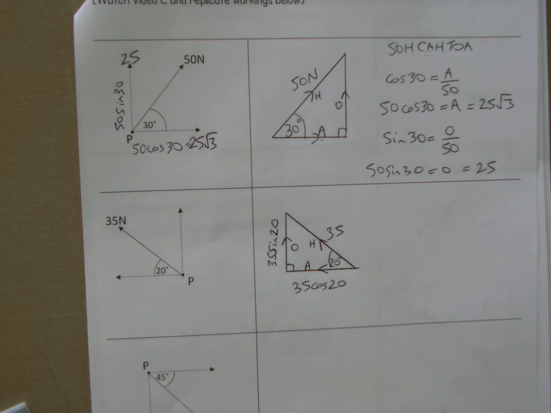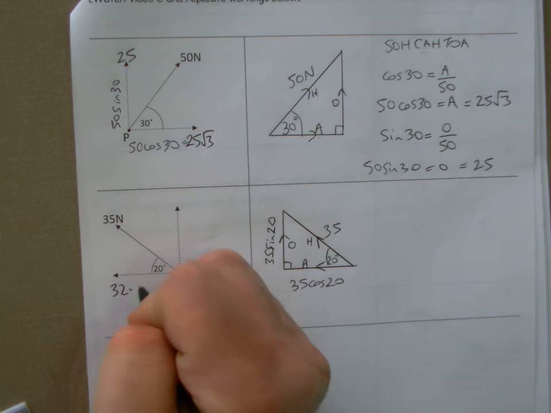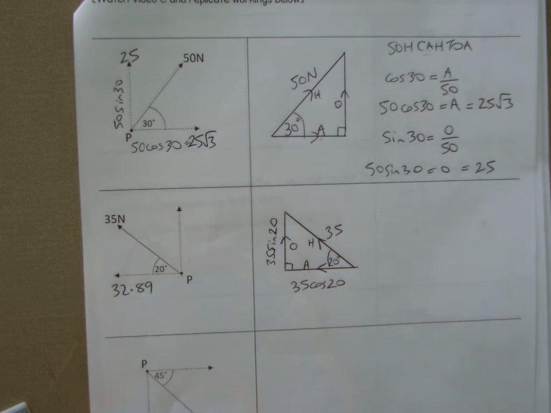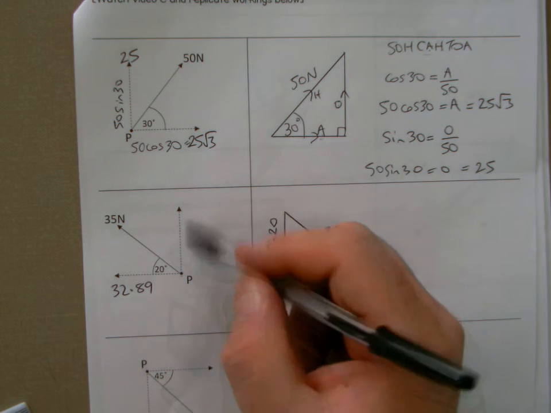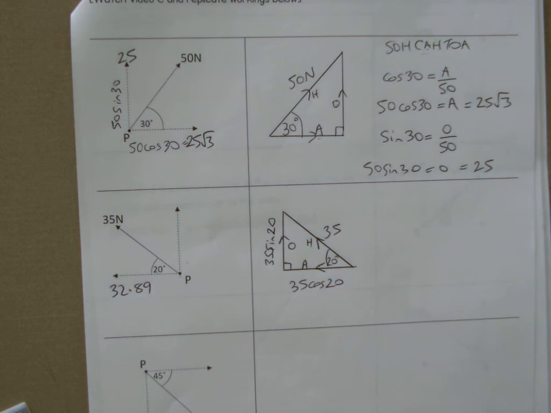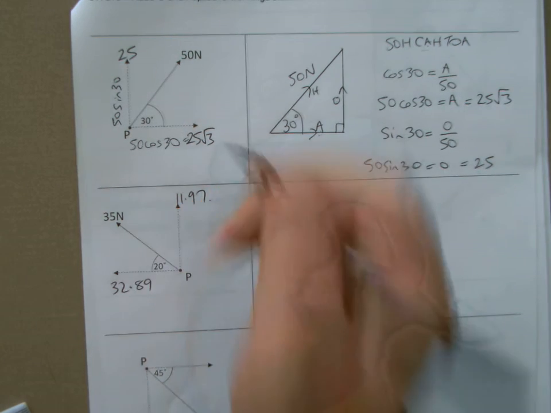Just by using SOHCAHTOA here, it comes out. So we can work out what those components are. My calculator, 35 cos 20 is 32.89, rounded to 2 decimal places, and then vertically it'd be 35 sine 20. So that'd be 11.97.